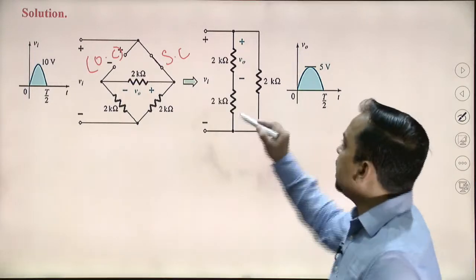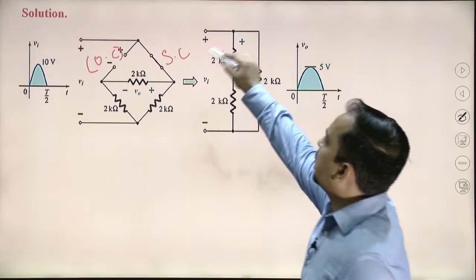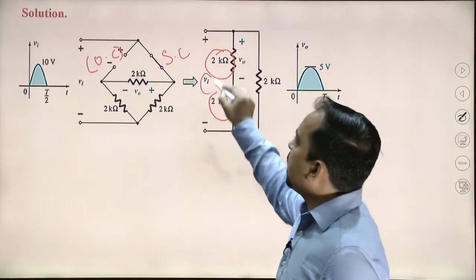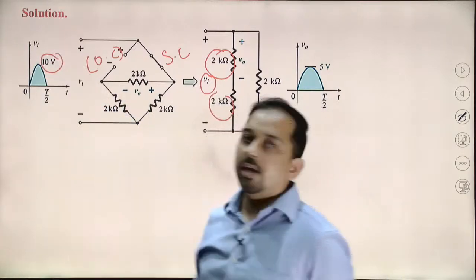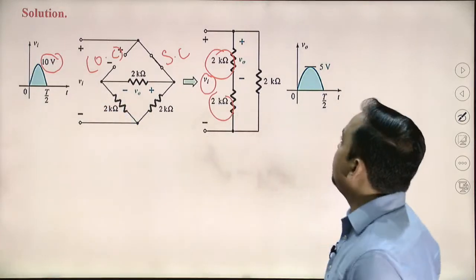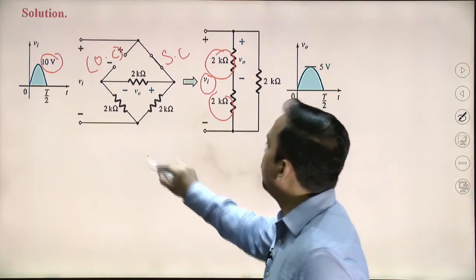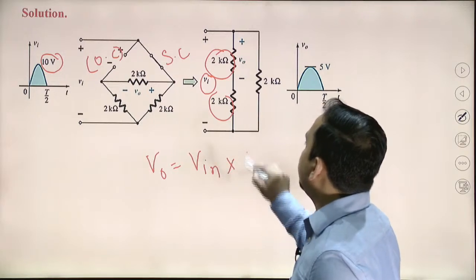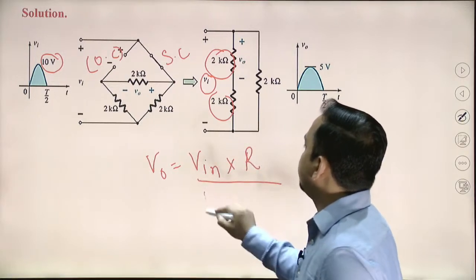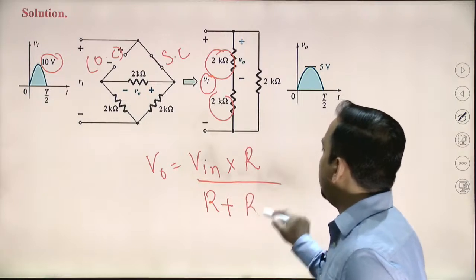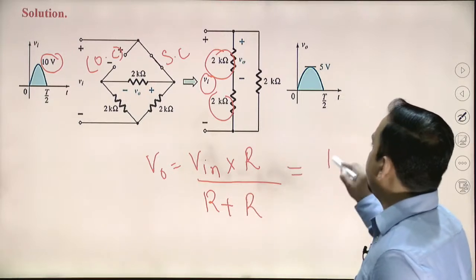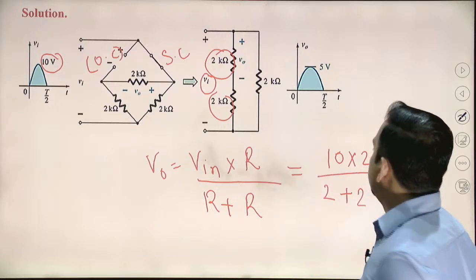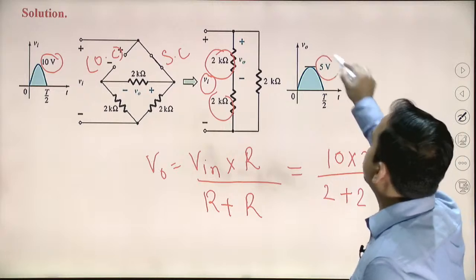If we simplify the circuit, we observe that the two resistances 2K and 2K are in series. So with a peak value of 10 volt at the input side, the voltage will be divided and the output voltage is V in multiplied by R divided by R plus R, which is 10 multiplied by 2 divided by 2 plus 2. So we get 5 volt.